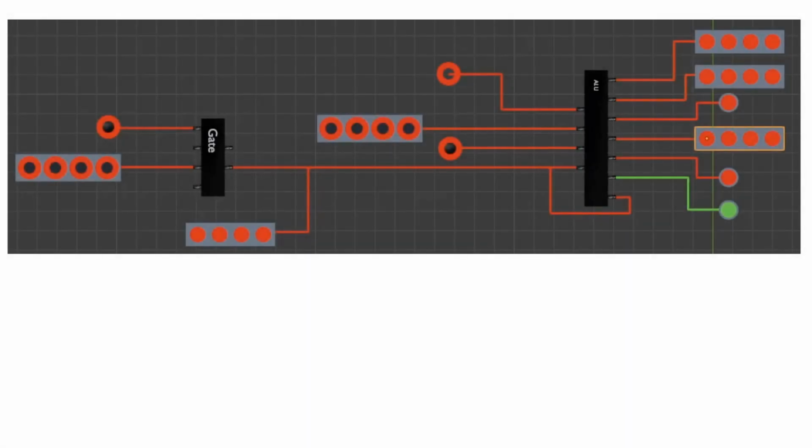Now let's try the operations from before again. Everything looks good up to this point. In the next video we'll look at which instructions we could now execute.